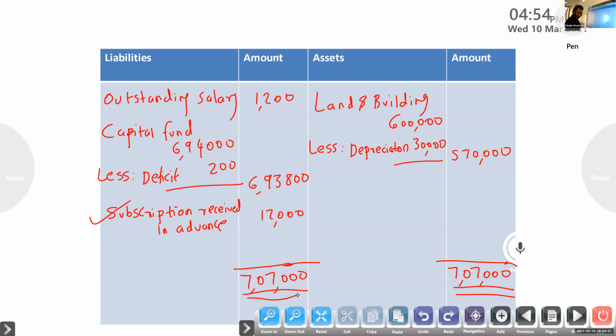So next we will do the 18th question. In that, the receipt and payment account is also given, and additional information is also given. If additional information is given, and if an asset is given, then there will be an amount of depreciation. Then while preparing the opening balance sheet, it will be easy.